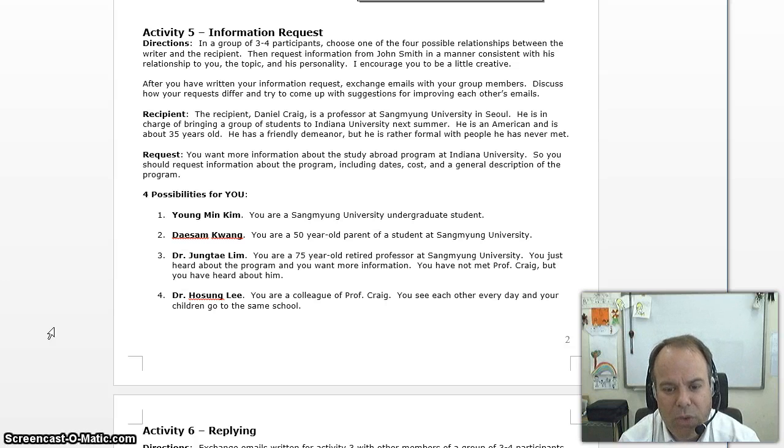I've described a number of different people and given them some characteristics. You have Youngmin Kim, a Sangmyung University undergraduate student, probably similar to you. Daesam Kwang is a 50-year-old parent of a student at Sangmyung University, so maybe one of your parents. Dr. Jungtae Im is a 75-year-old retired professor, so he's a very senior professor.